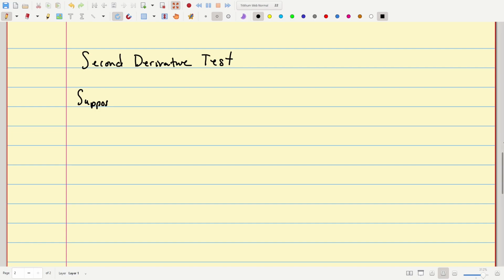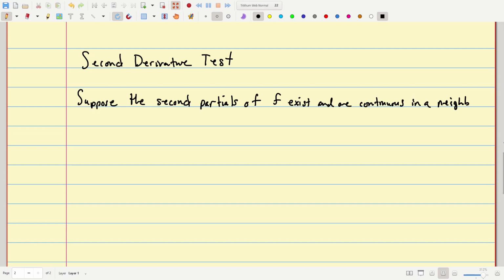So we're going to suppose that the second partial derivatives of f exist and are continuous in a neighborhood of (a, b) where the first partials of f at (a, b) are all equal to 0.